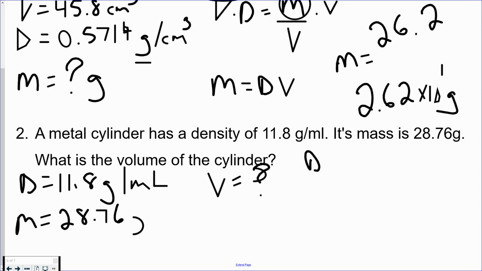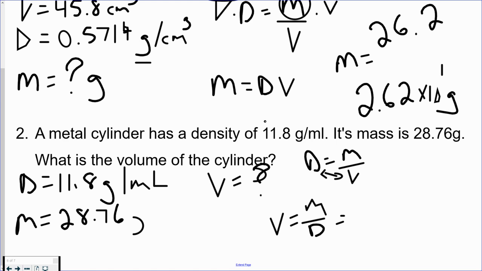So we're going to still use the density equals mass divided by volume. In this one, since we're looking for volume, density and volume will switch spots. You get volume equal to mass divided by density. Plug those numbers in. You'll have 28.76 divided by 11.8.